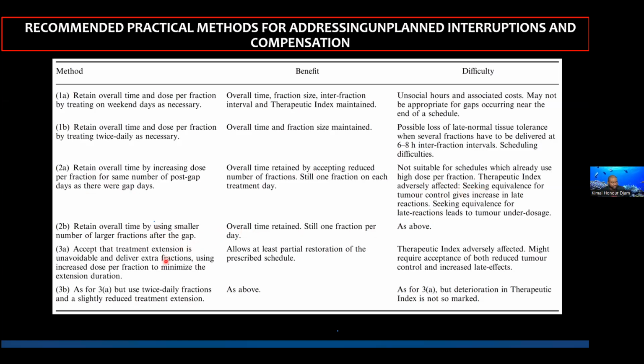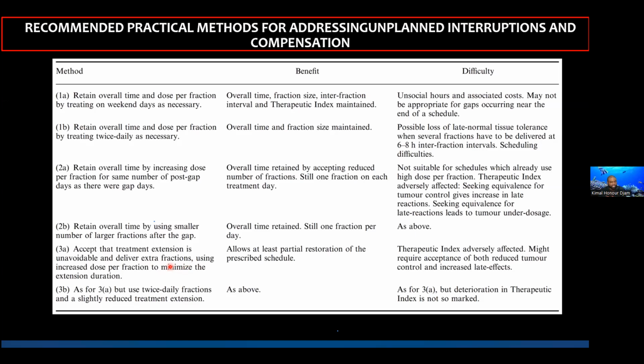And the last but not the least, we could accept the treatment extension is unavoidable and deliver extra fractions, but in order for us to account for the added number of cells due to repopulation, we need to deliver extra fractions using a higher dose per fraction to sterilize those extra cells that are created.